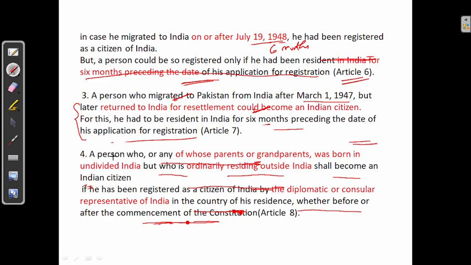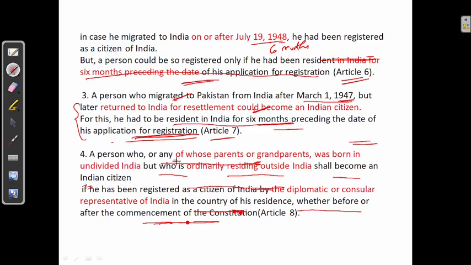Now under Article 7, a person who migrated to Pakistan from India after March 1st, 1947, and again he returned to India for resettlement, then he would get the citizenship of India if he had been resident in India for 6 months preceding the date of his registration. Understand? This was given under Article 7.